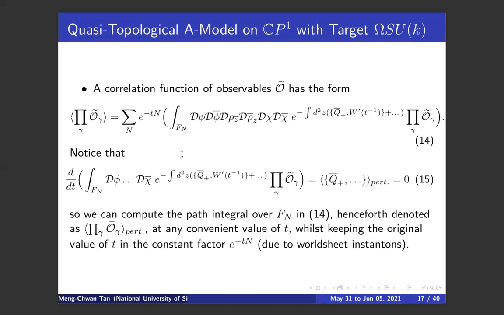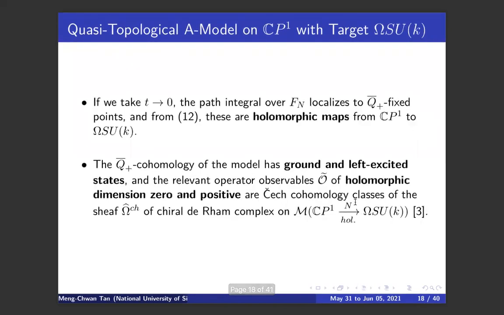You have an integral over the space of maps, and therefore these observables, in the topological A model, become differential forms on the moduli space of holomorphic maps that give you Gromov-Witten invariants. But in the left excited states, you get an excited version of the de Rham complex of the space of maps, and that would be the chiral de Rham complex on the moduli space of maps.